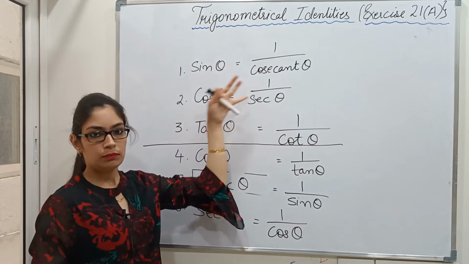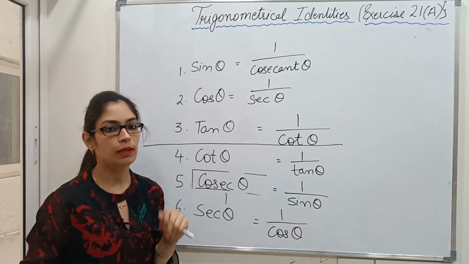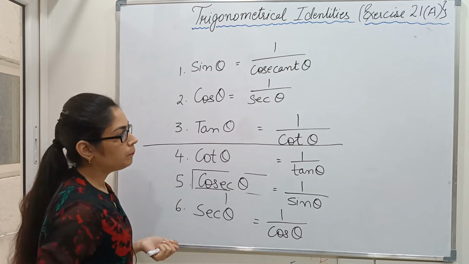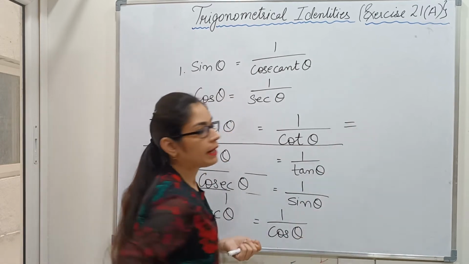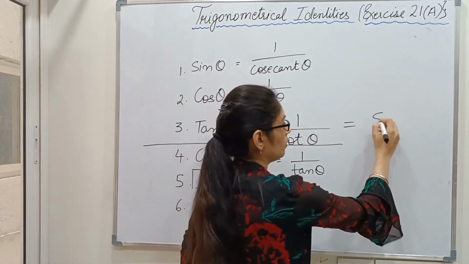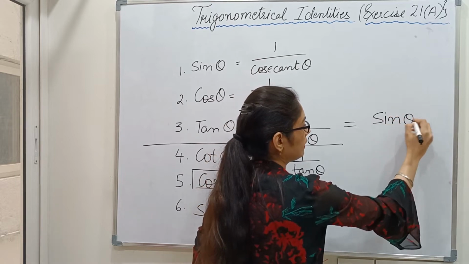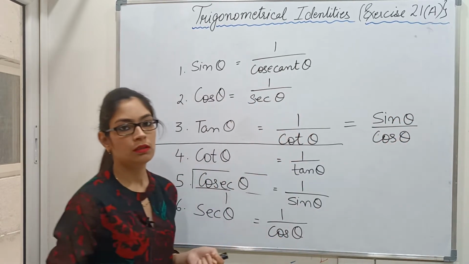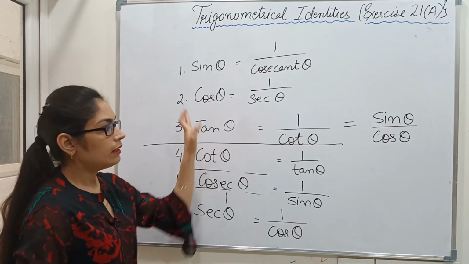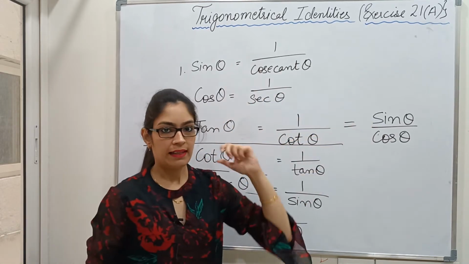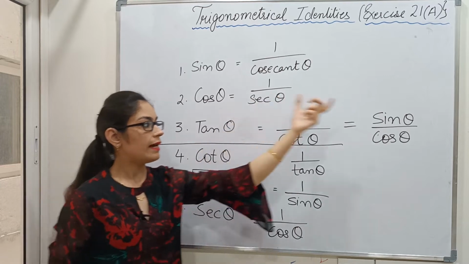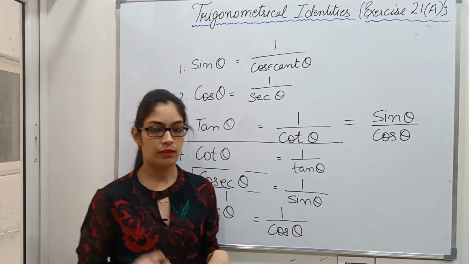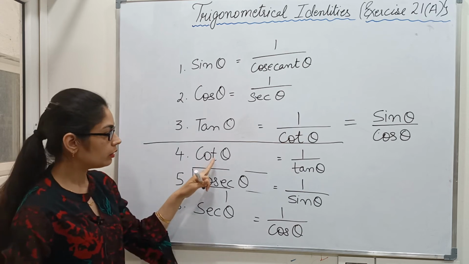Apart from these 6 relations, one more relation you have to learn, or we can say 2 more. Tan you can also write as sine theta by cos theta. Why it is sine by cos, I have already explained in my first video of trigonometry, you can check that out.